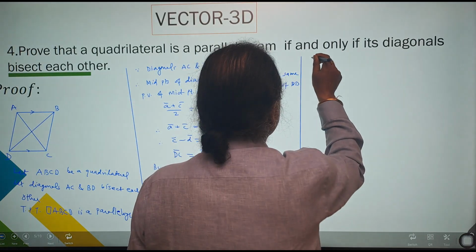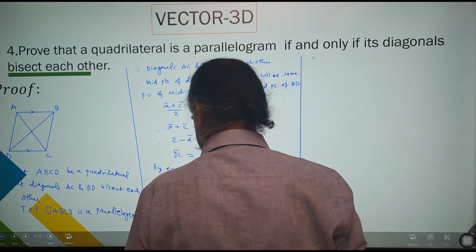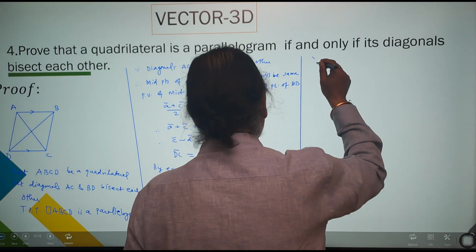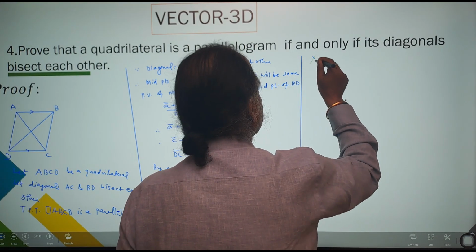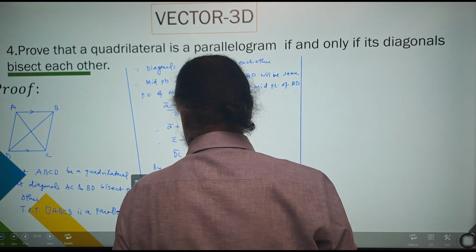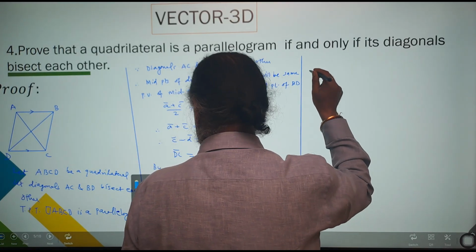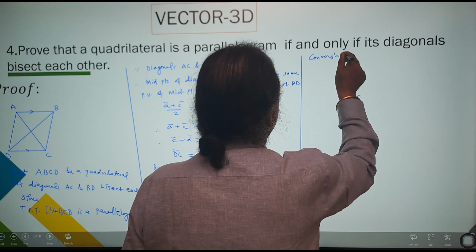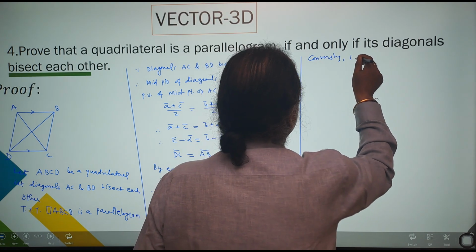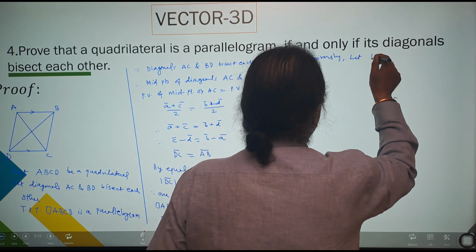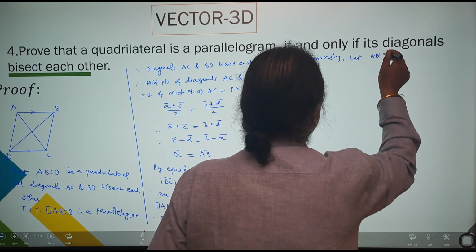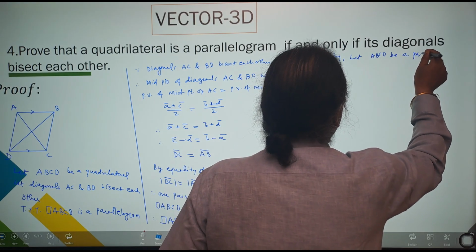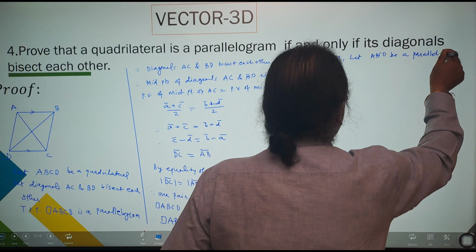Conversely, let ABCD be a parallelogram.